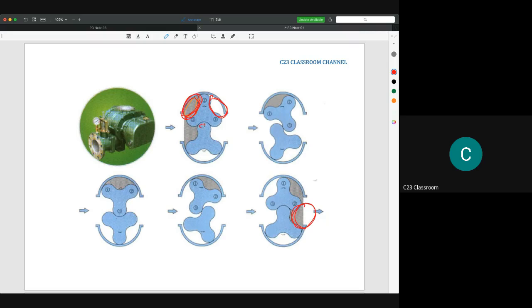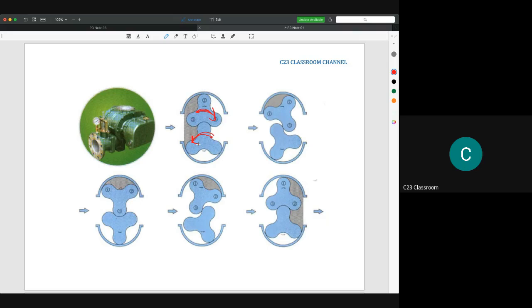So we have two parts of this one to increase the volumetric flow. It is okay for us to have only one lobe like that, but to increase the volumetric flow we have two, because if you could see, at one time when this lobe is rotating, it pushes this one in this direction.